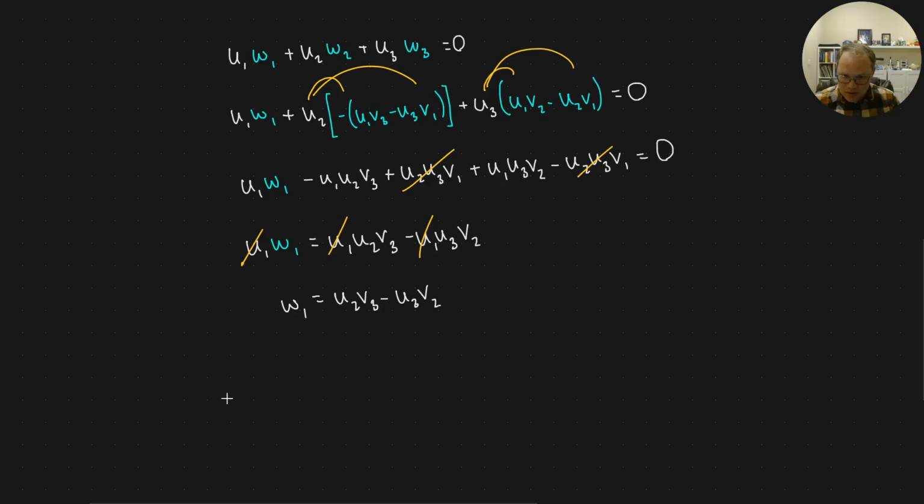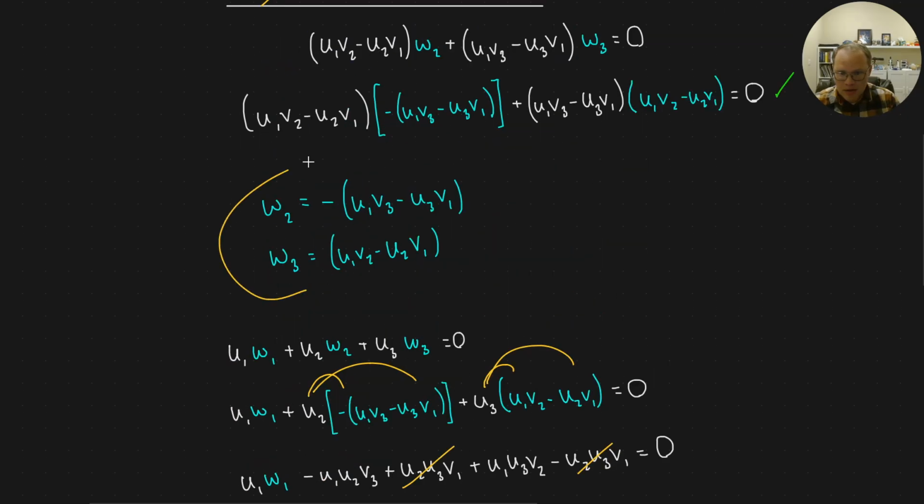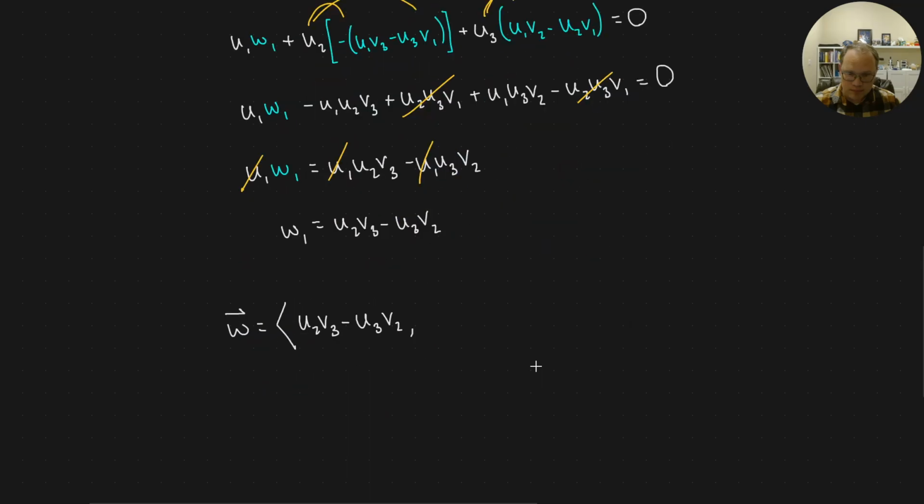And so W, all said and done, is U2 V3 minus U3 V2. That's the first component right there. And then up here, we have our second component, negative U1 V3 minus U3 V1.